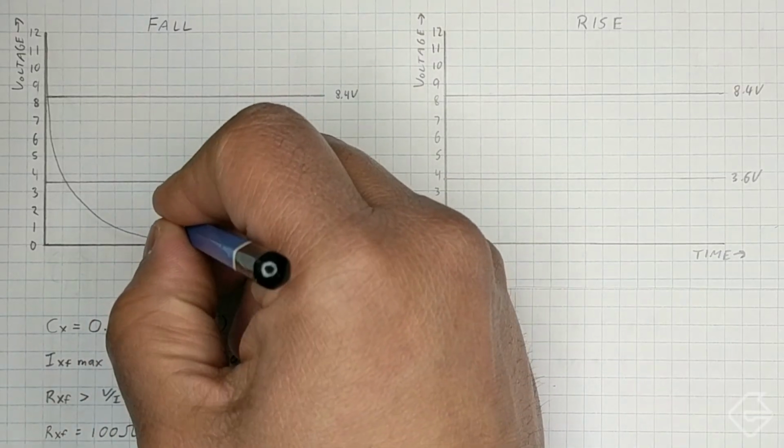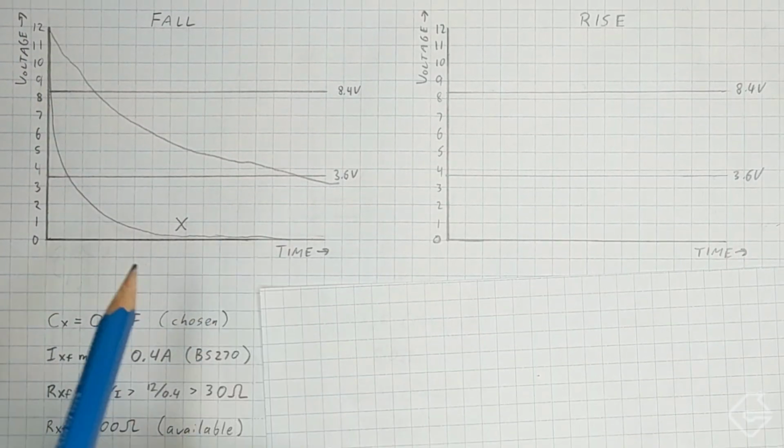And so we know that capacitor X is the one we want to discharge quickly, so I'm going to label this as the discharge curve for X. We also know that the discharge curve for Y has to be slower than that. So let me draw another one that is slower than this. It's the same shape, but it's going to take a much longer time to discharge.